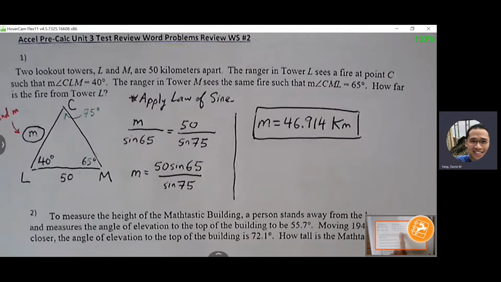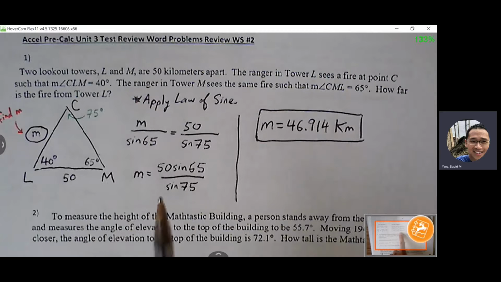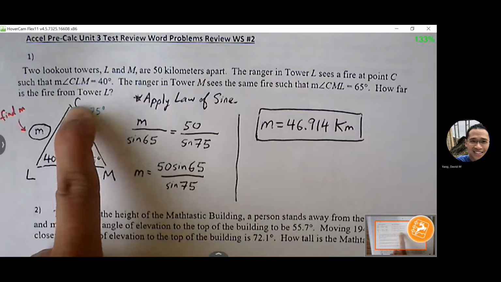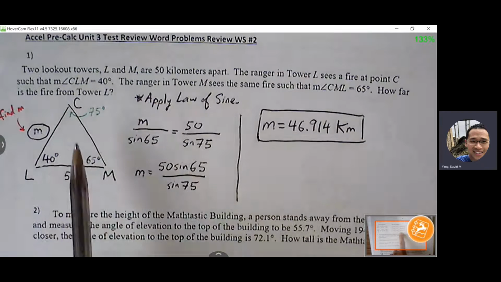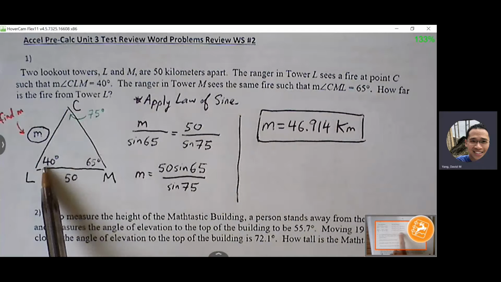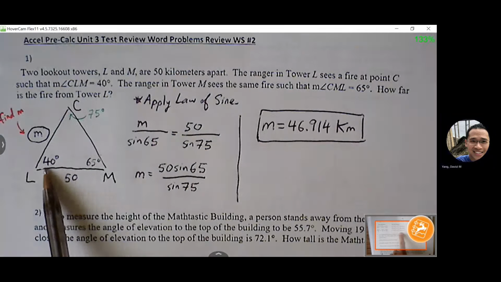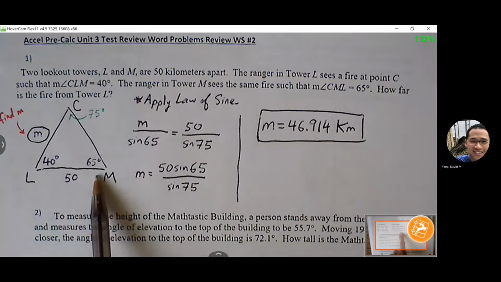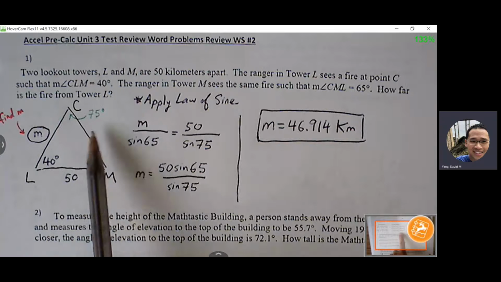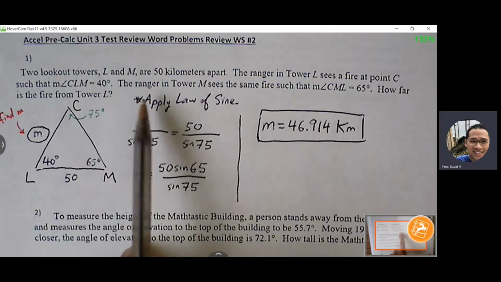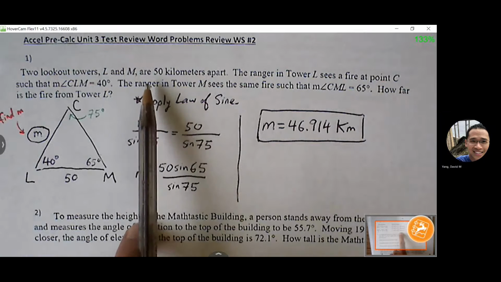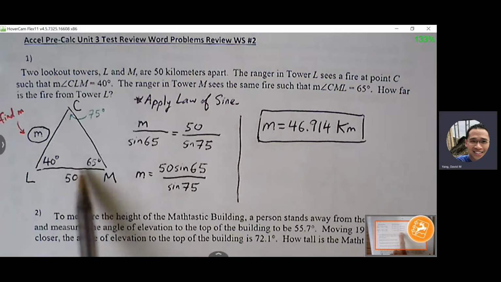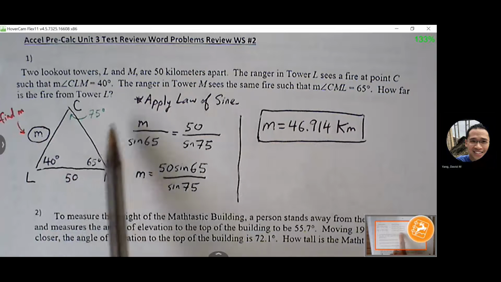Okay, let me talk about what I did for number 1. So we have 2 lookout towers. They're looking up and seeing that there's a fire between them, the smoke rising. We have the angles identified, angle L and angle M. The towers are 50 kilometers apart.